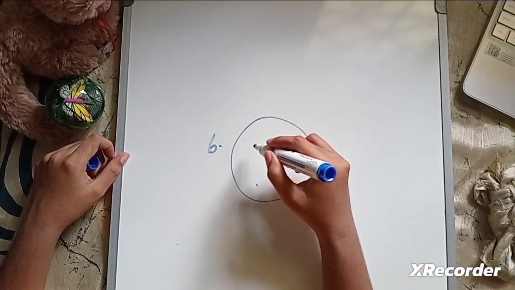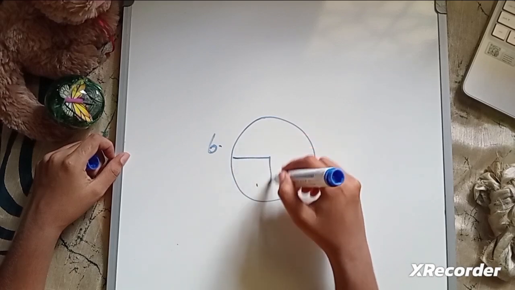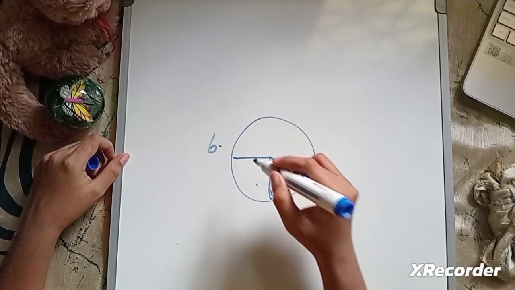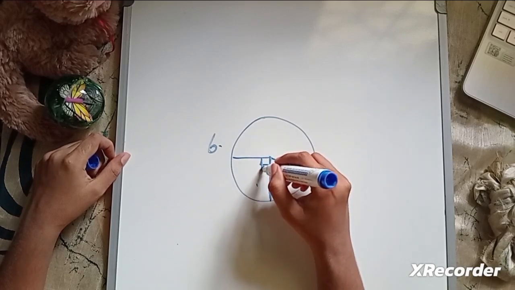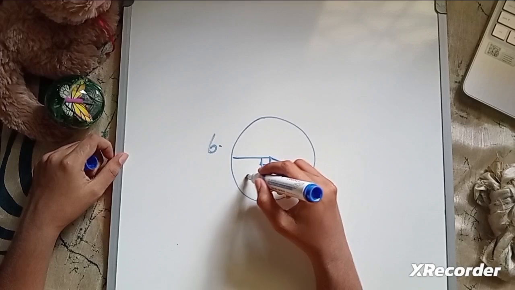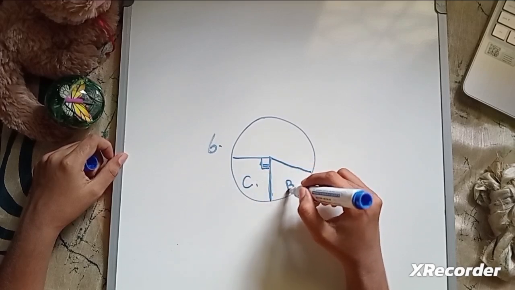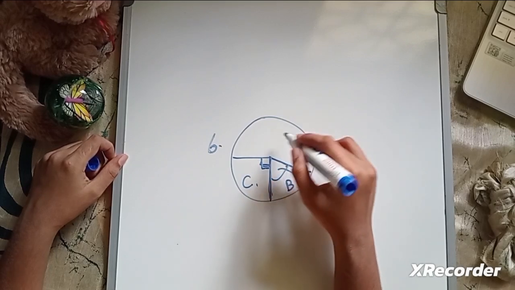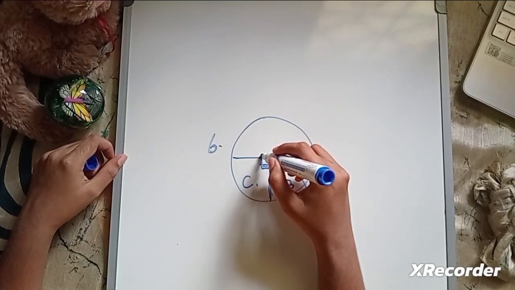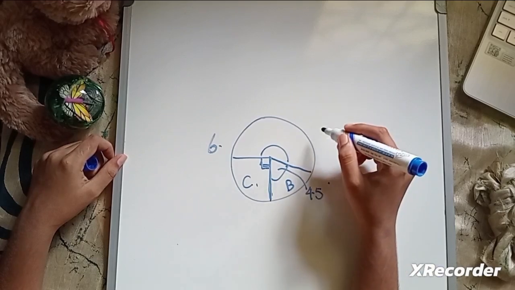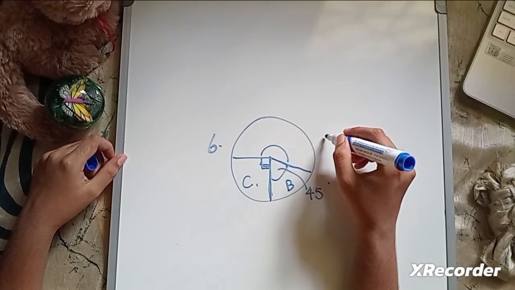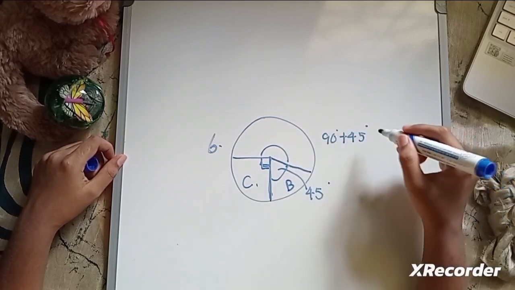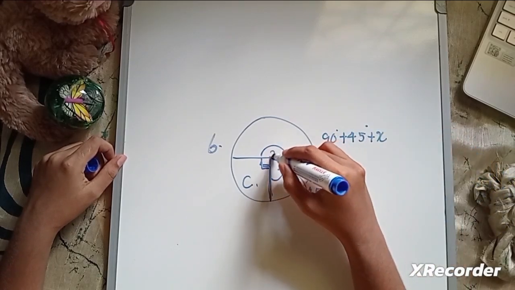Here in this pie chart, they have drawn this part as 90 degrees, by car, by bus is 45 degrees, and by train we can simply find this angle by adding these two. It is 90 plus 45 plus this angle, we take it as x.